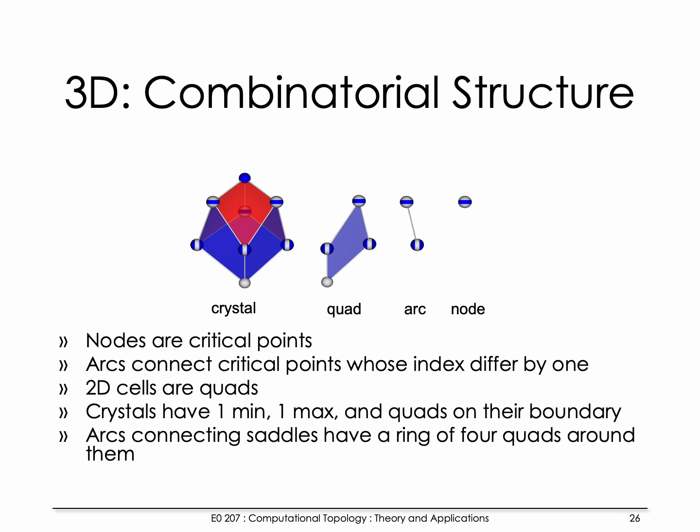The arcs connect critical points whose indices differ by 1. So you have arcs between 2-saddles and 1-saddles, minima and 1-saddles, maxima and 2-saddles. All the 2-dimensional cells are again quads. The crystals can have different sizes, but they always have 1 minimum, 1 maximum, and all the two-dimensional cells on their boundary are quads.